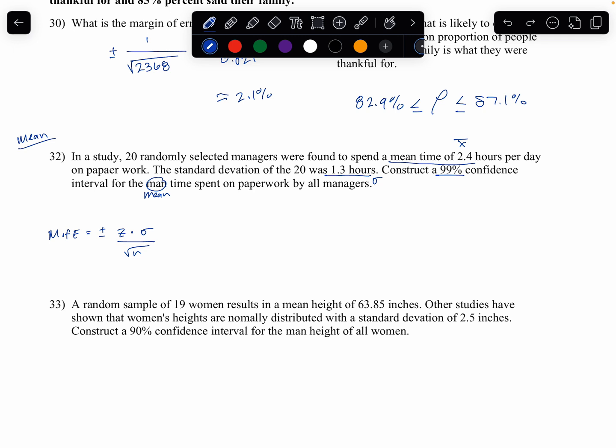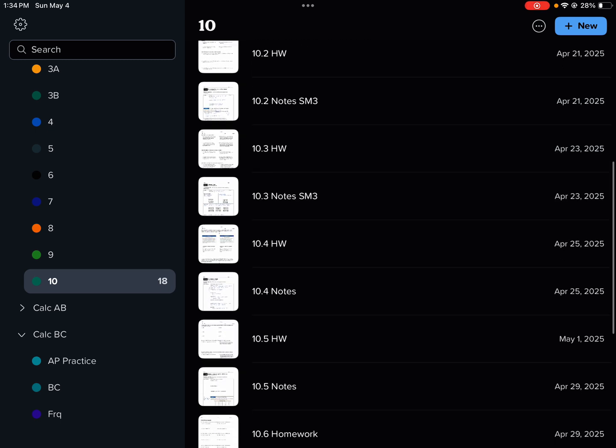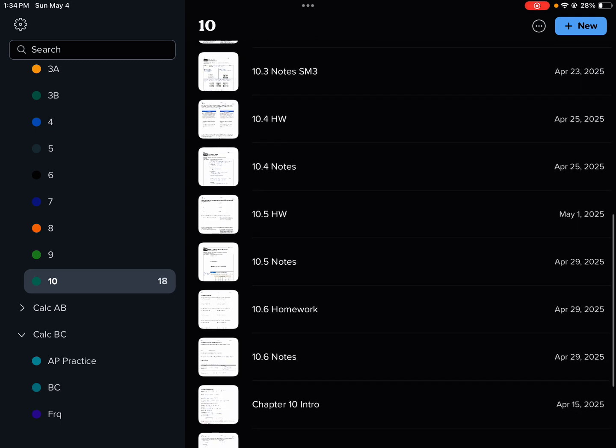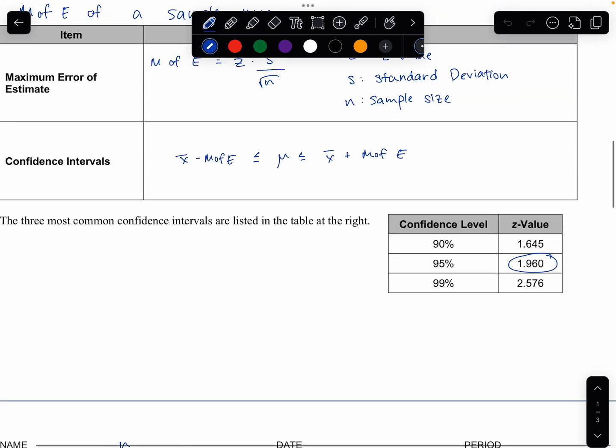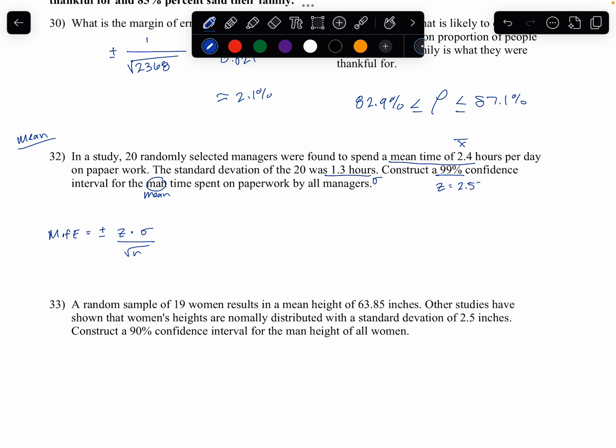So there's 3 z values that we would use. I think it's like 2 point... let me check it. They will be given to you on the test, so keep that in mind. They were from the 2.6. So for 99%, 2.576. So 2.576 is the z value that we will use.